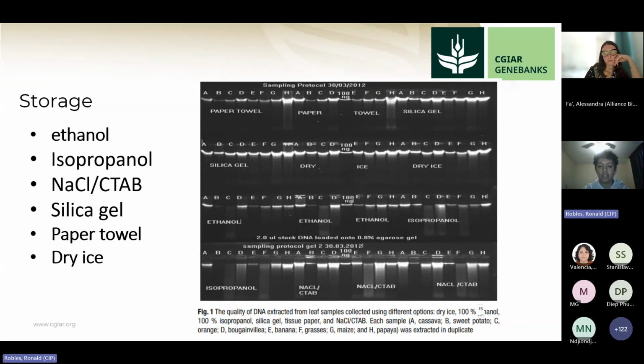But even in the lower group that you can see here, isopropanol, CTAB, sodium chloride, we can see that some species produce good results for these methods. For example, we can see here that species A and B produce good results when other species fail in this method. So this tells us that we need to test.